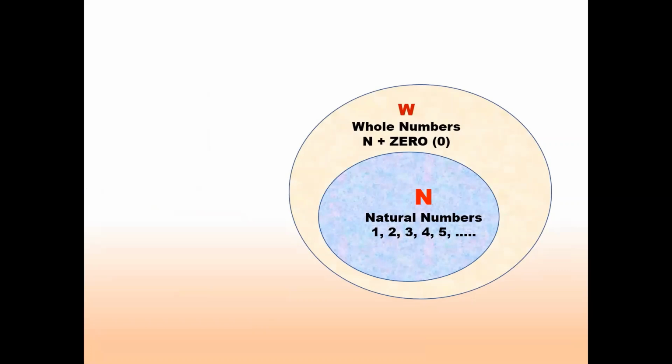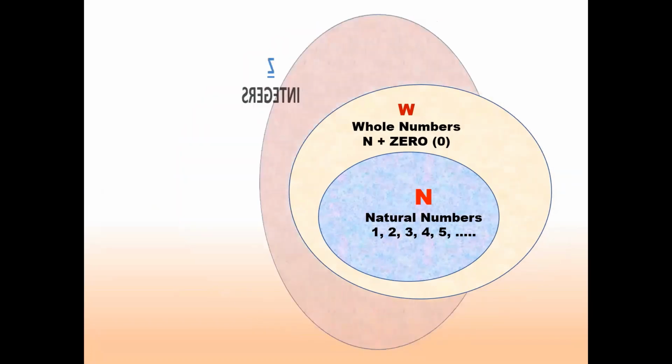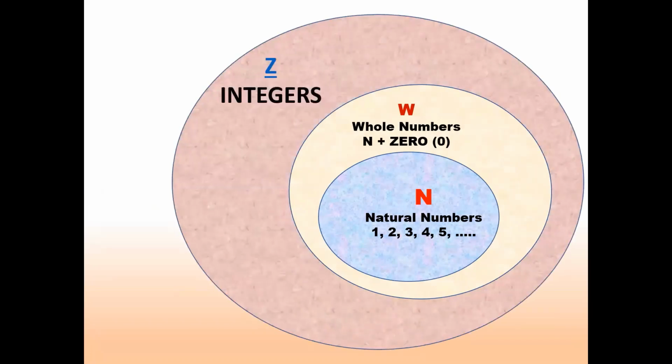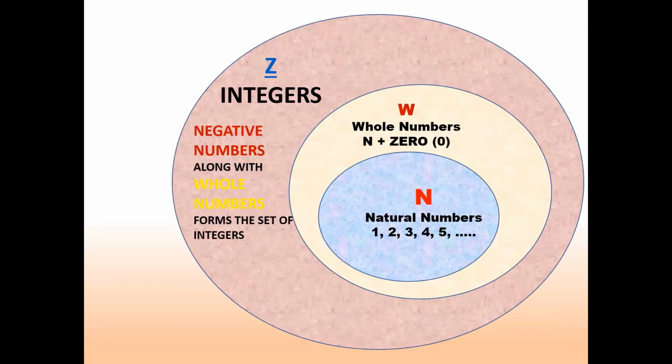And with the need and the circumstances that led to the invention of negative numbers, along with the positive numbers, we got a new number system with the word integers. So you can say that negative numbers along with the whole numbers form the set of integers.